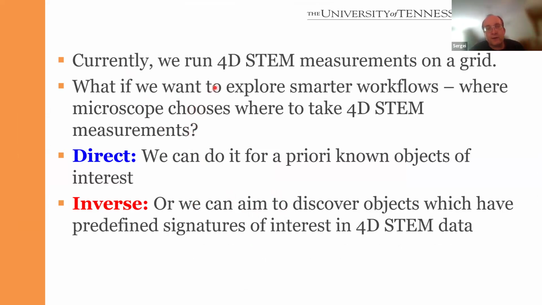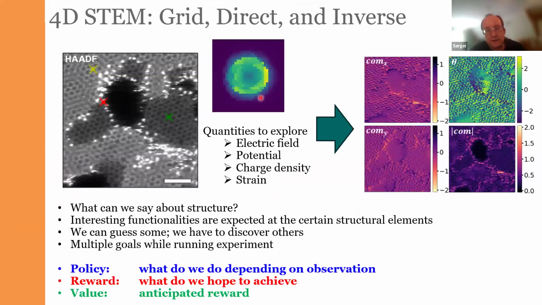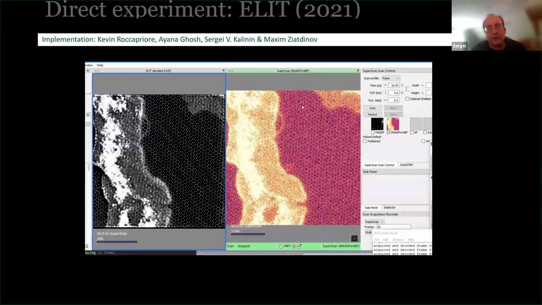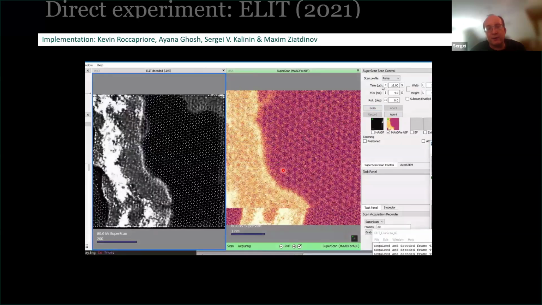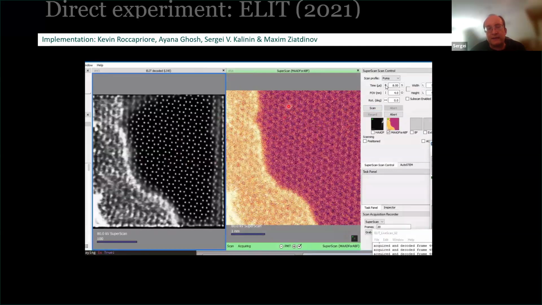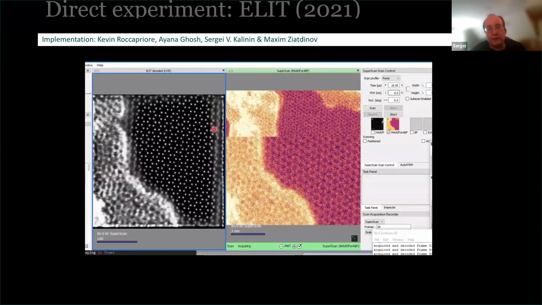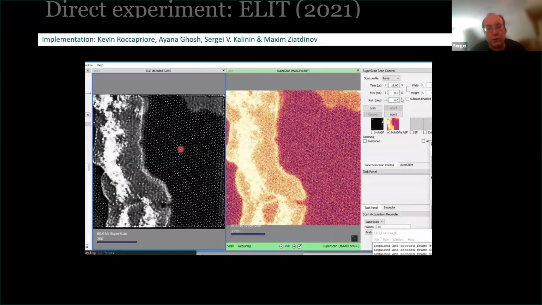So yes, we can run it for other modes. For example, for 4D STEM, we run through the same protocol. We need to define our scalarizer function, which is typically some simple derivative of the 4D STEM dataset. We can either run an automated experiment where we take the data stream from the instrument, find all the atoms, and then choose where we want to measure.